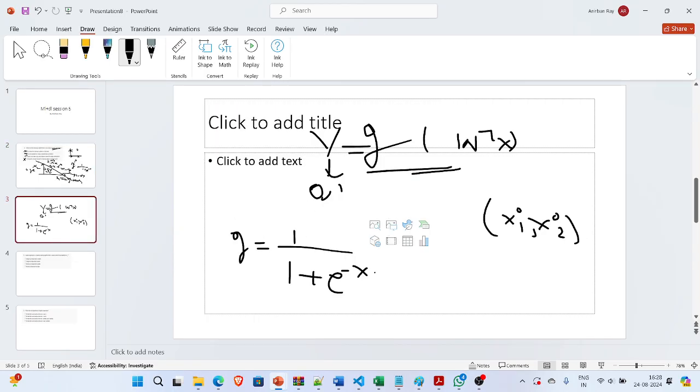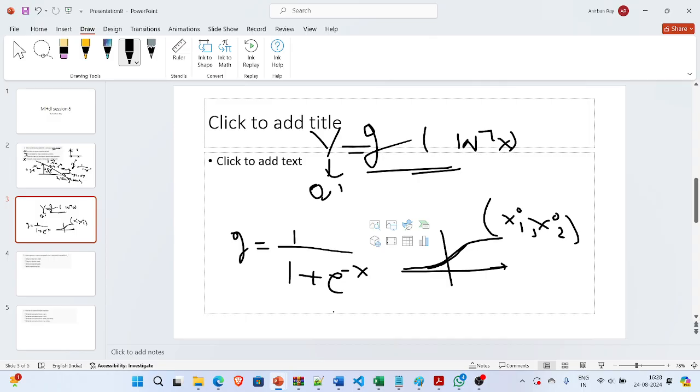As you can understand, this is an increasing function. Sigmoid is like this. As x increases, the sigmoid value will also increase, going close to 1 as it keeps increasing, and it increases very quickly.